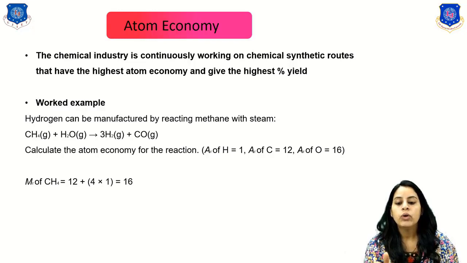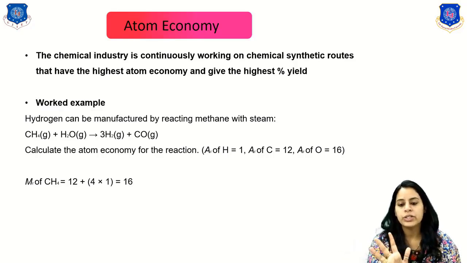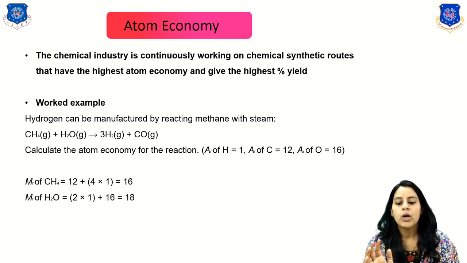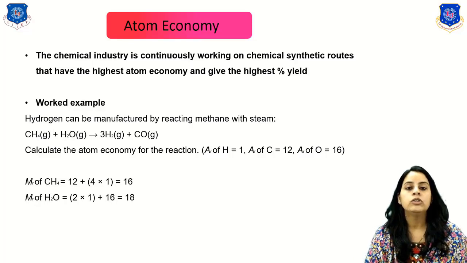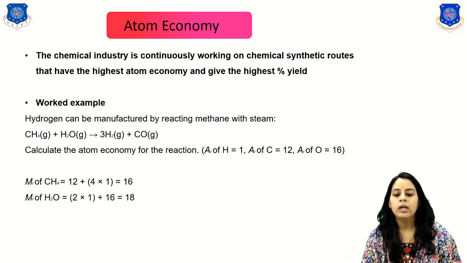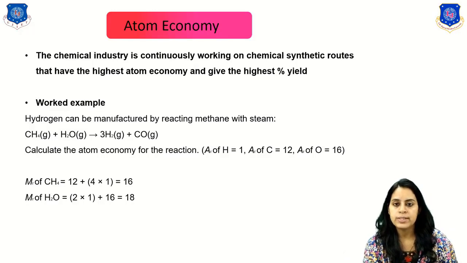The hydrogen is 1 and there are 4 atoms, so 4 into 1, so the mass of methane is 16. Okay. Then the mass of H2O: 2 hydrogens, so 2 into 1, plus oxygen's atomic weight, which is 16. So the answer is 18.